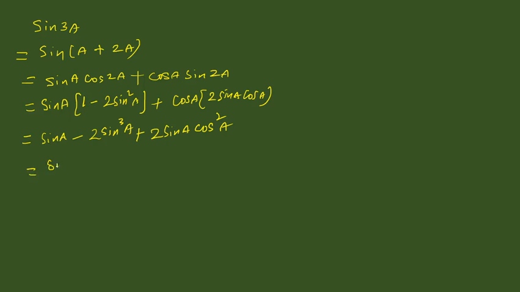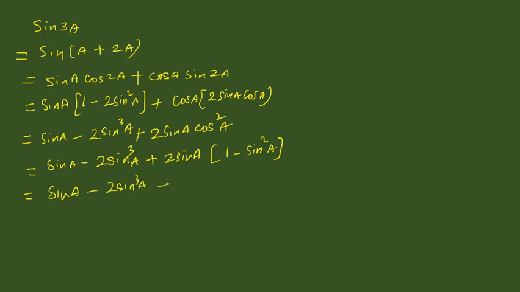So I will write sine A minus 2 sine cube A plus 2 sine A multiplied by 1 minus sine square A. I converted cos square into sine square.